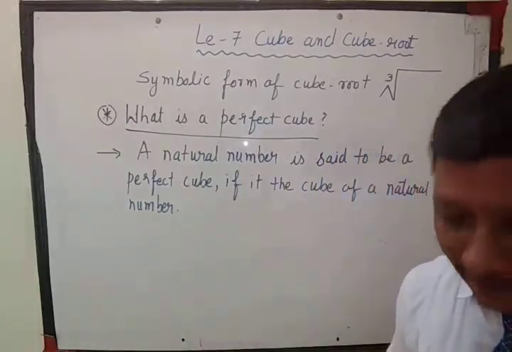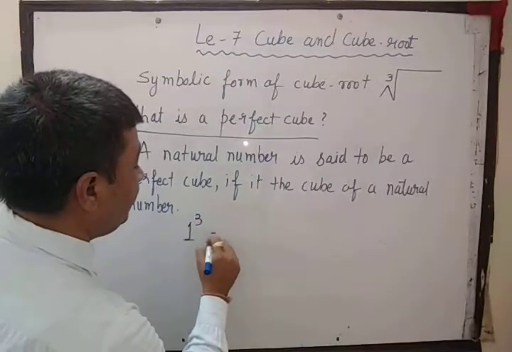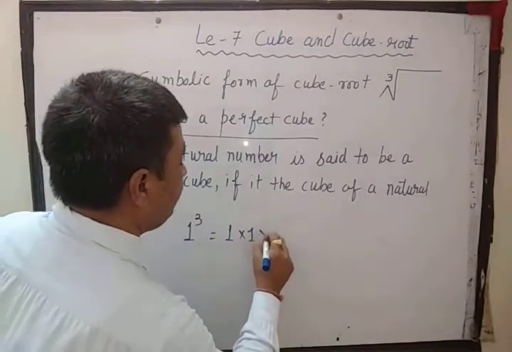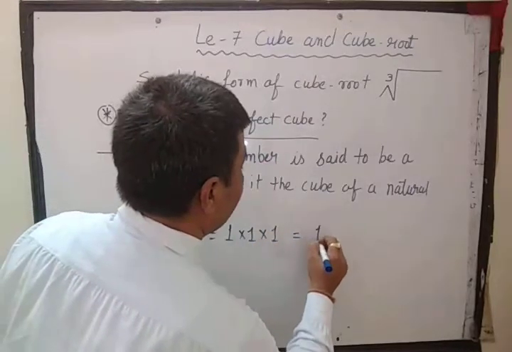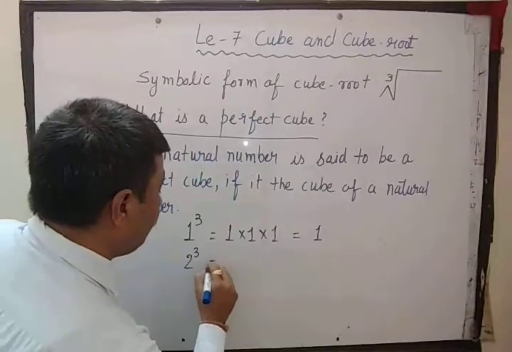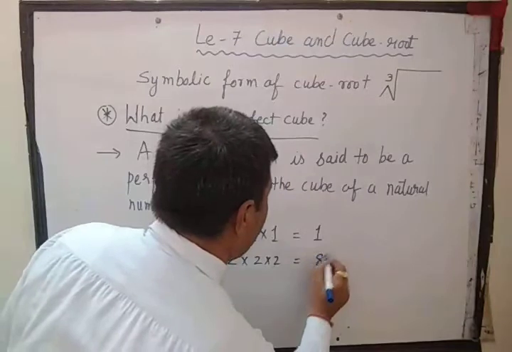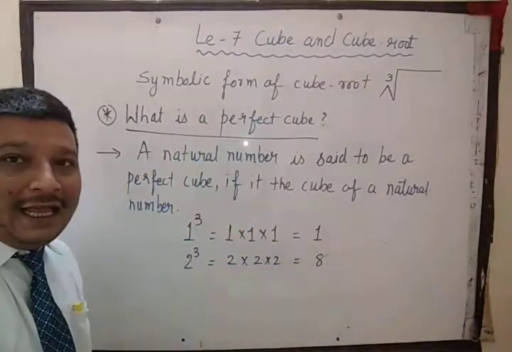Let us take some examples. Suppose 1 cube means 1 into 1 into 1, that will be 1. If I take 2 cube, so 2 into 2 into 2, that will be 8.